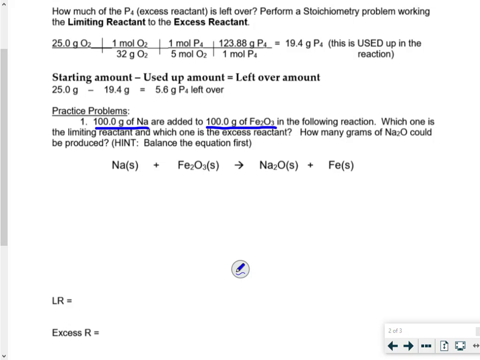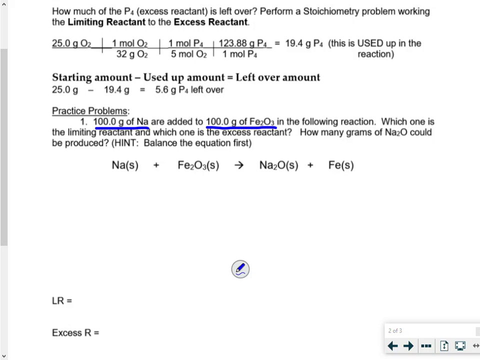They give you amounts of both reactants. When they do that, you should recognize it automatically as being a limiting reactant problem. So if they give you both amounts of the reactants, you're going to have to do both of them because you don't know which one runs out first. So you have to solve for both. So know that anytime they give you amounts on both reactants, it's a limiting reactant problem.